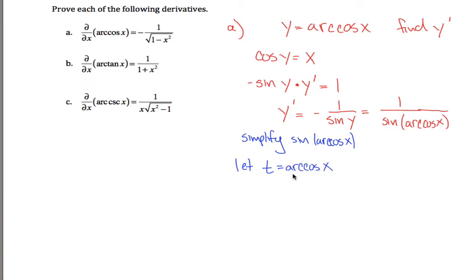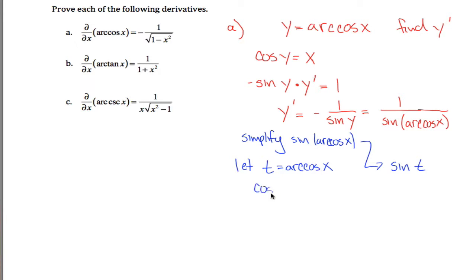So we're going to do this little substitution. If we call the thing inside these parentheses t, then I can simplify this and say it is equal to the sine of t, because arc cosine of x is just t. So really all I got to figure out is what is the sine of t. And I have information about t.